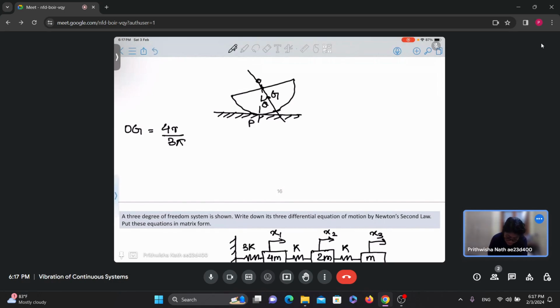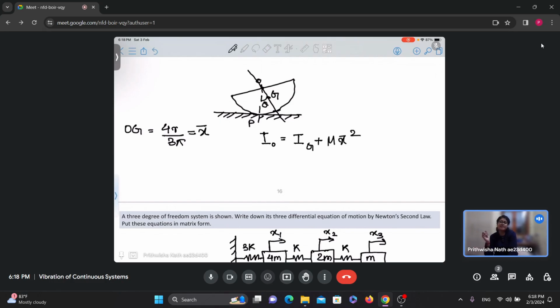Now we can write IO as IG plus M x bar whole square.